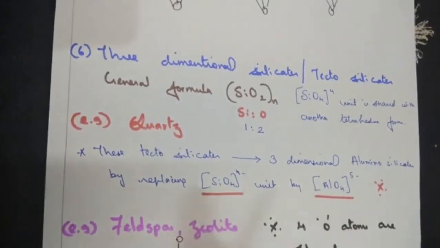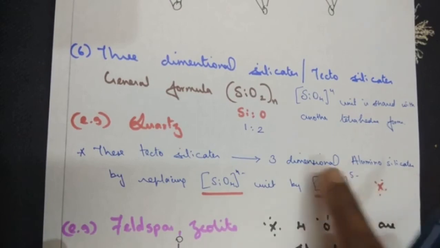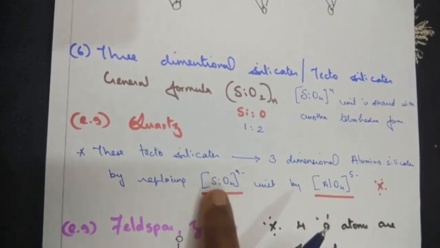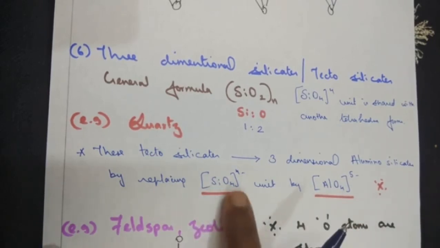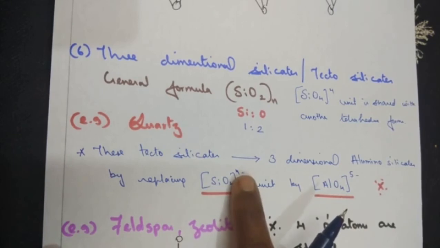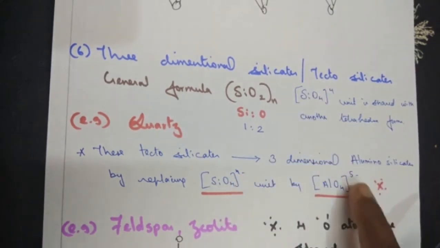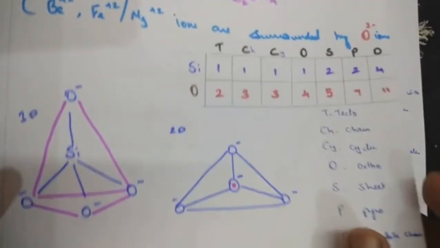Example will be quartz. These tectosilicates can be converted into 3-dimensional aluminosilicates. How can we convert it? Si atoms can be replaced with the aluminium atom. So we will have SiO4 with 4 minus as the charge of silicate, and when we say aluminosilicate, the charge should be -5.